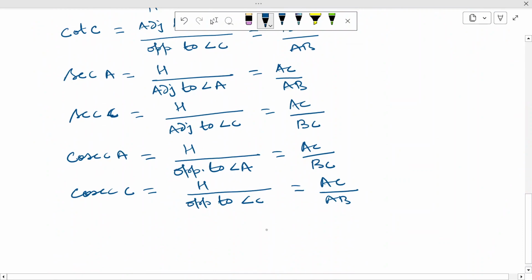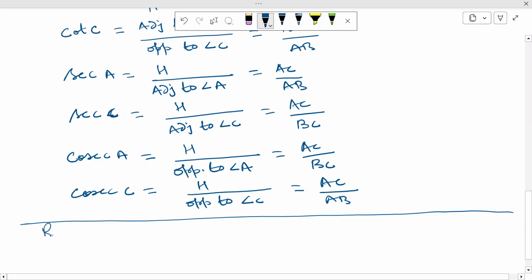So, now based on the above discussion, we can establish a relationship among different trigonometrical ratios.